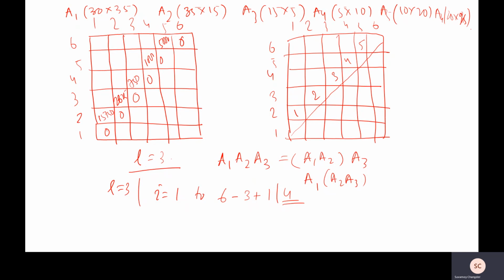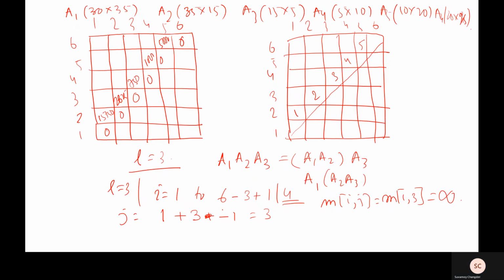For each i, what will we get? j equals to i plus L minus 1, that is equals to 3. So j equals to 3, that means we are finding the value of A1 to 3. We are initializing the value M[i][j], that is M[1][3], to infinity.